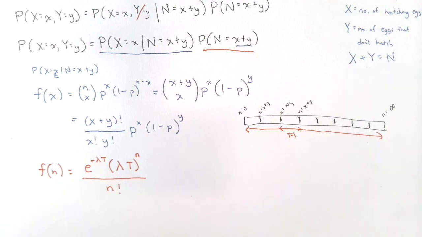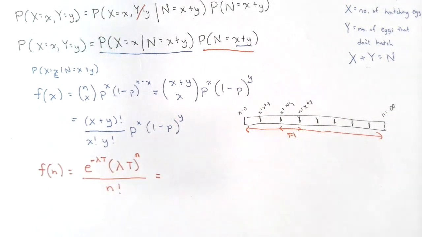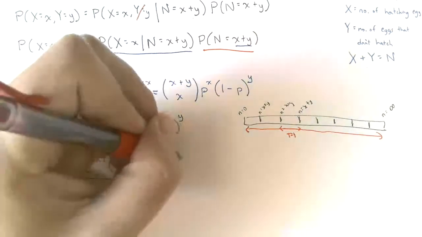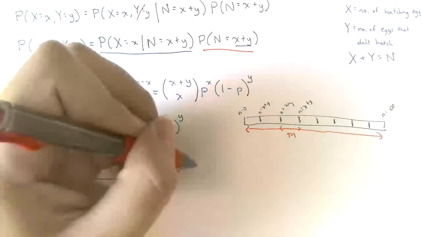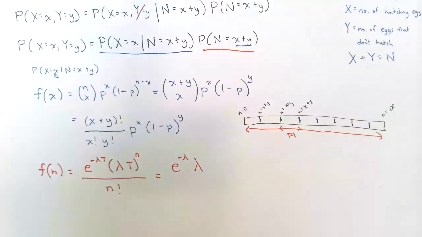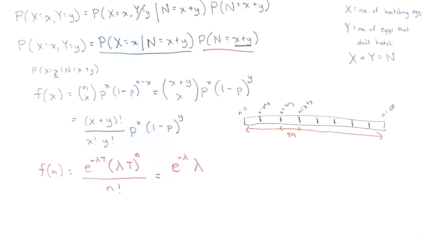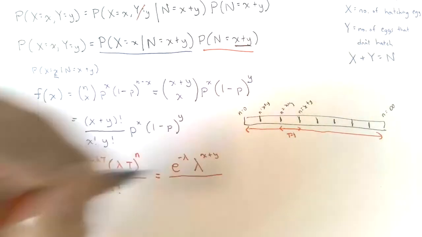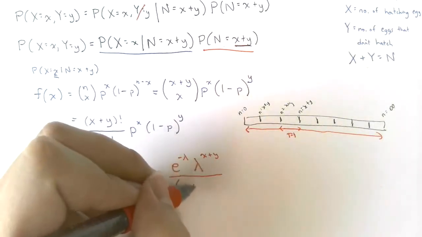So by selecting t equals 1, my interval equals 1, I can further simplify this a little bit more. We have e to the negative lambda, t equals 1, so I don't have to worry about it. We have lambda, t equals 1, to the power of n, but we know that n equals x plus y, so lambda to the power of x plus y. And this is divided by n factorial, but n is x plus y.